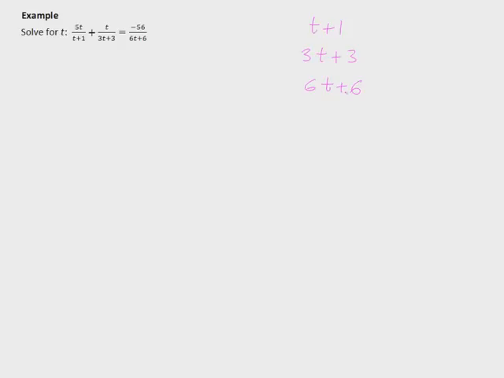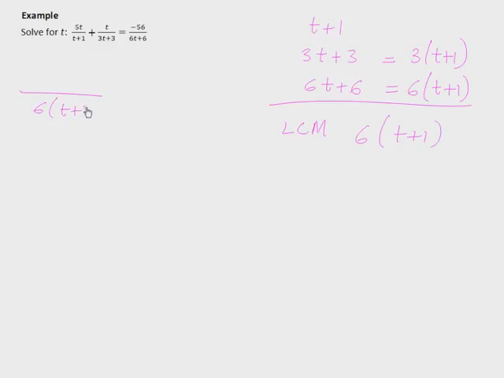The quick ones will notice that 3t plus 3 can be factored as 3 into t plus 1 and 6t plus 6 can be factored as 6 into t plus 1. So our LCM is 6 into t plus 1. All three expressions divide 6 into t plus 1.